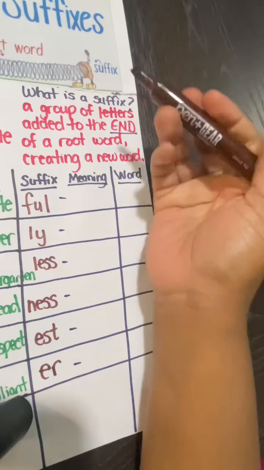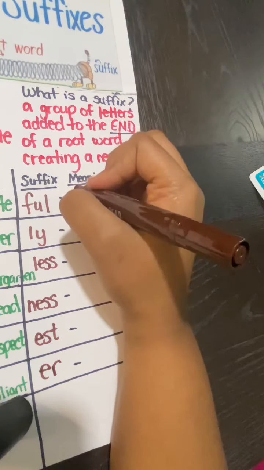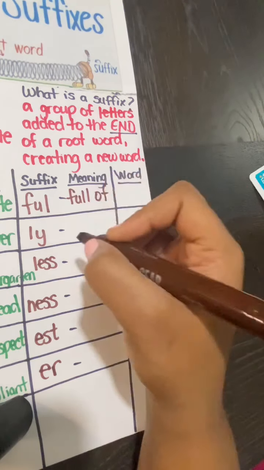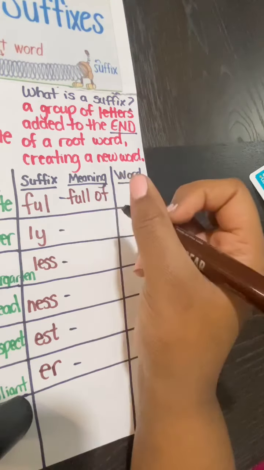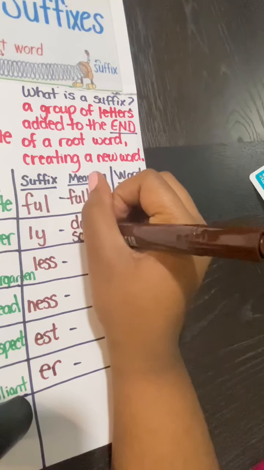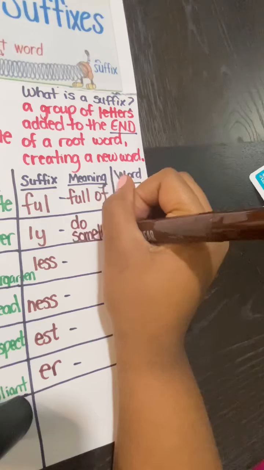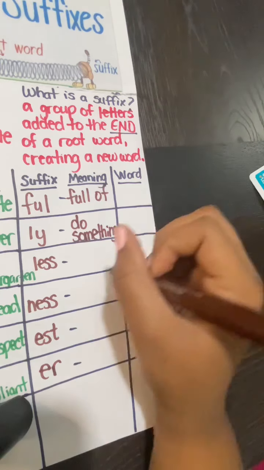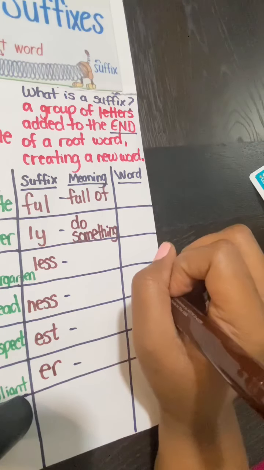Ful means full of. Ly means to do something. What do you think less means?